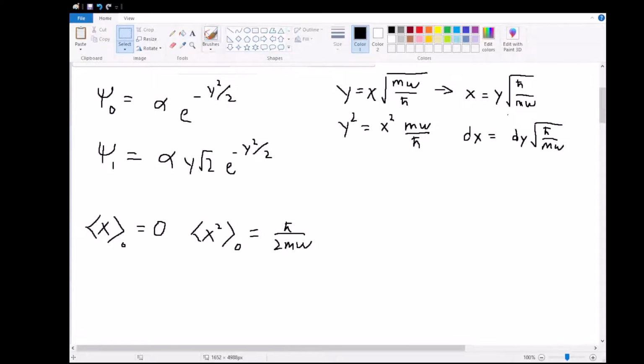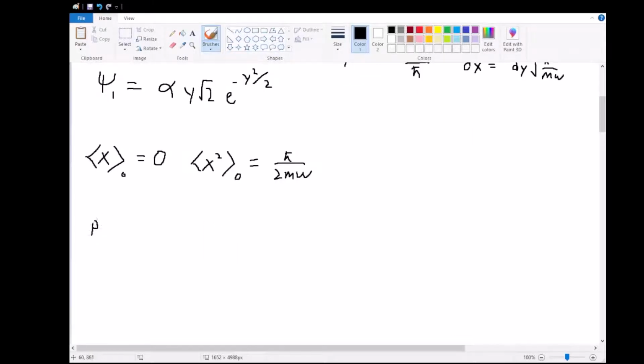Next, let's do the expectation value for p in the ground state. We know that p hat is equal to negative i h bar d by dx.